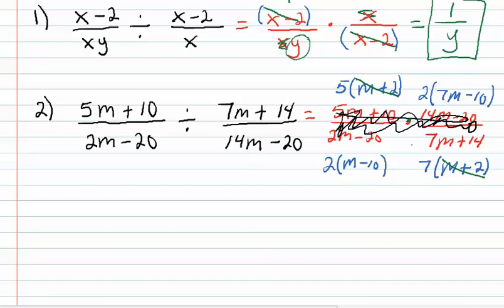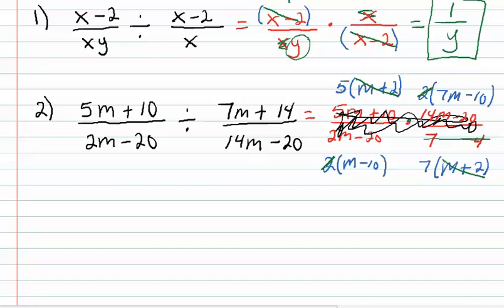Okay, and then I look and say, alright, I have a 2 that they have in common, so here's a 2 I can cross off, and a 2 I can cross off. And then let me see, is there any other things that they have in common? I have an m minus 10. There's no other one. This is 7m minus 10. That doesn't work. I have a 7 here. There's no 7 there.